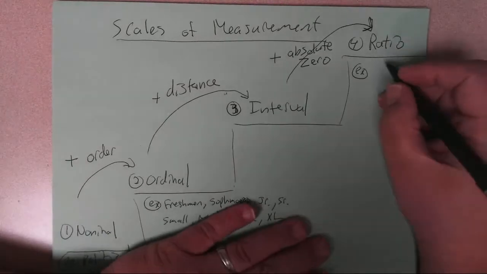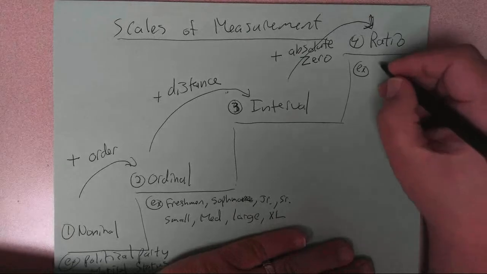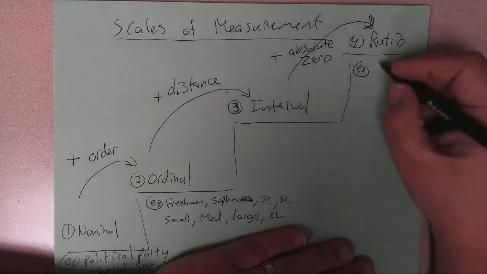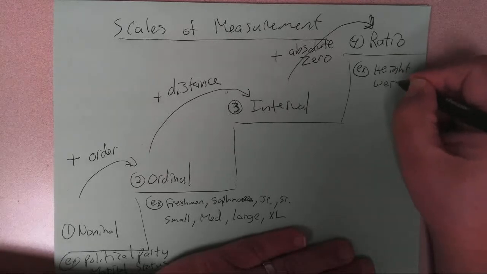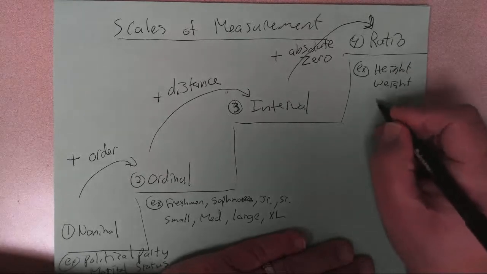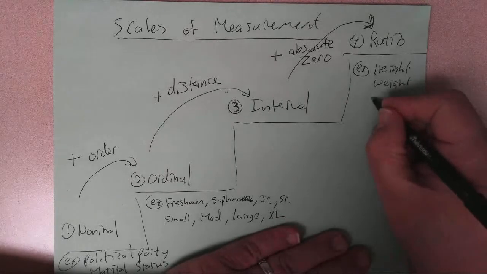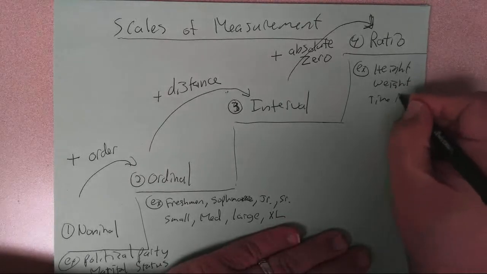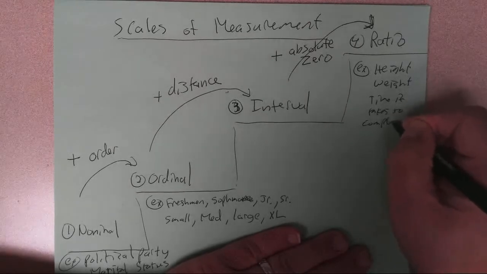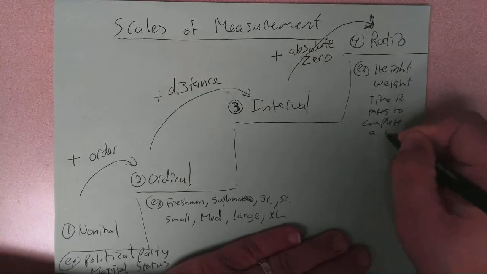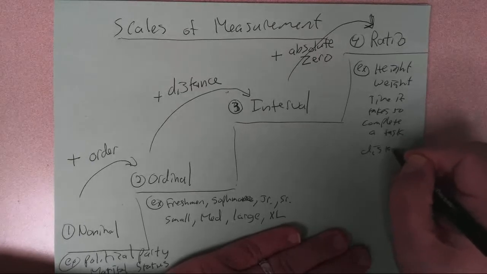Okay, so examples of ratio would be things like someone's height, someone's weight, it could be the time it takes to complete a task, the distance that you travel.